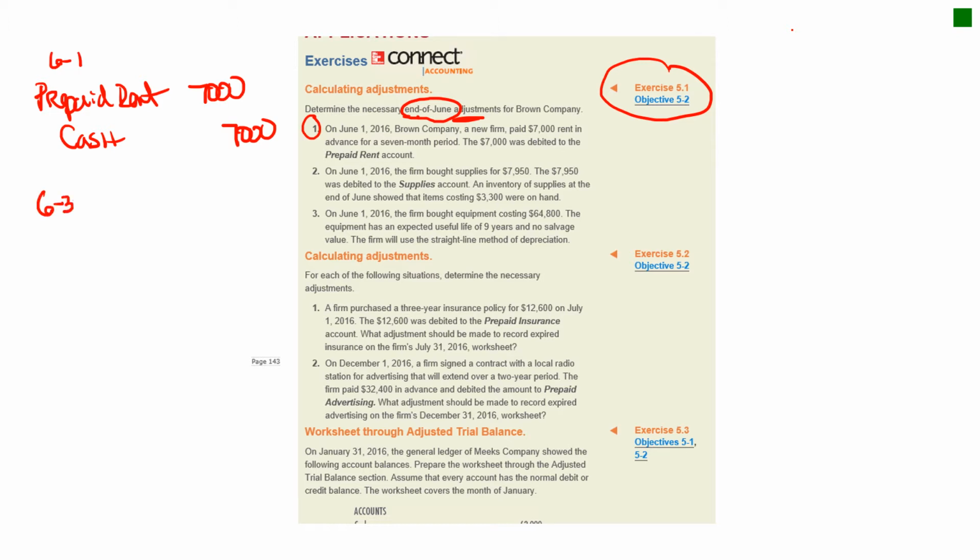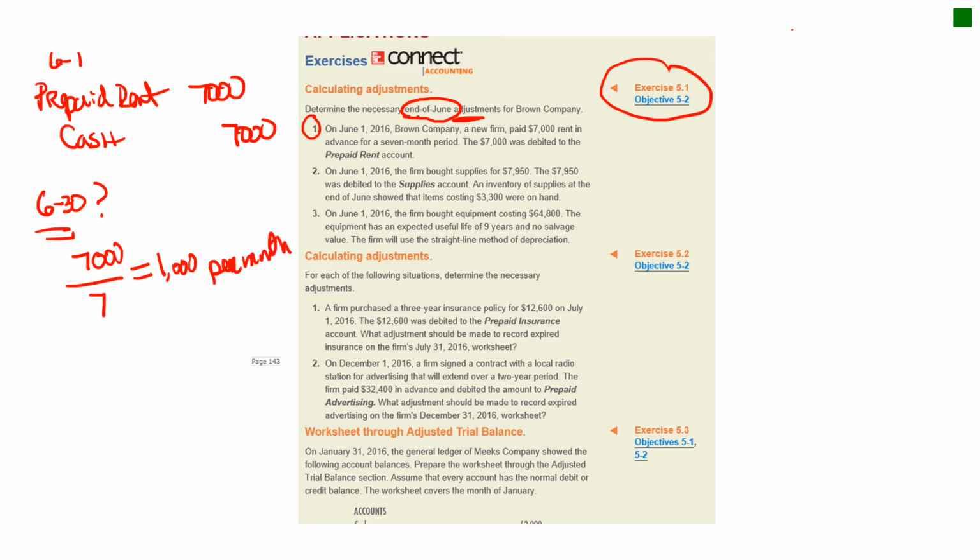On June 30th, the question is how much of that rent has been used. Because this is a 7-month rent lease, you simply take 7,000 and divide it by 7 months. So your monthly rent expense is going to be $1,000 per month.